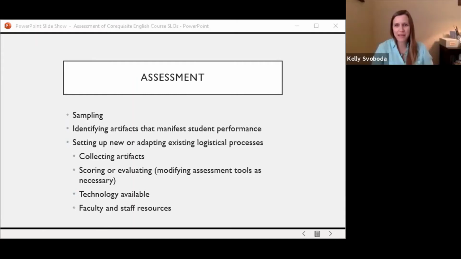What remained thorny for our group was that we have so much freedom in the curriculum at NSC that there's not a standardized assignment or assessment.